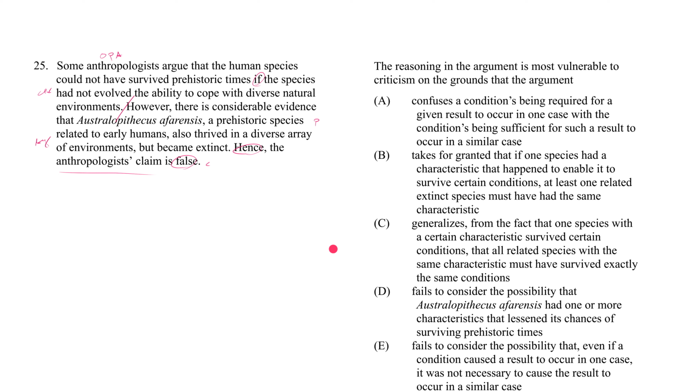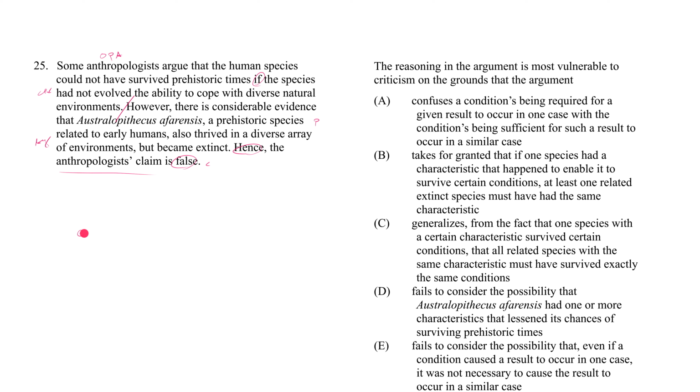But I'm hoping that you'll be exposed so much to what I call foundational concepts that you do become very fluent with them, and that you will be able to see, hopefully at some point, that this is just incredibly repetitive. All right, so let's first map this out. What are these anthropologists saying? They're saying that the species had not evolved the ability to cope with diverse natural environments, right?